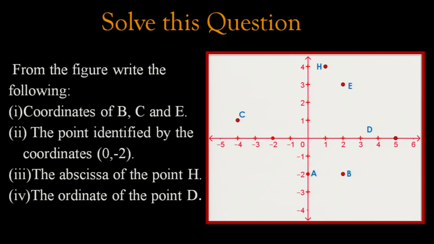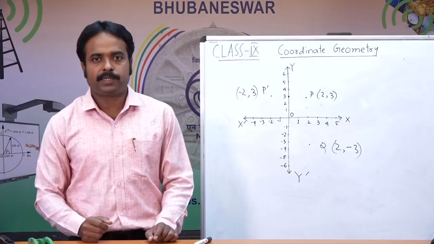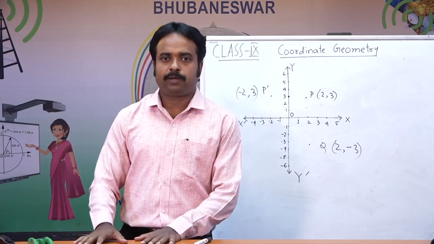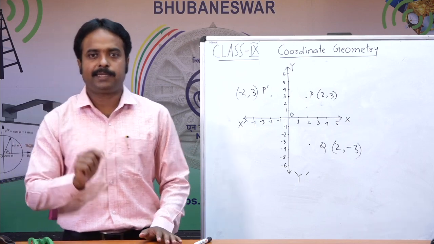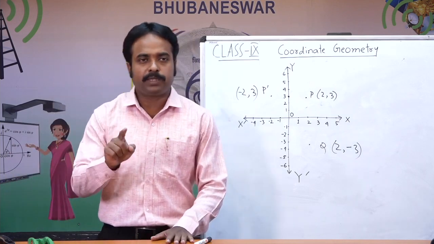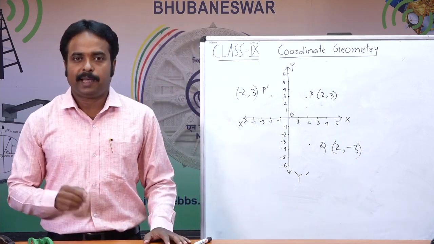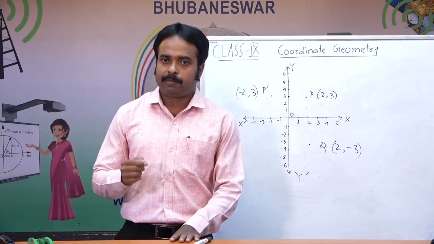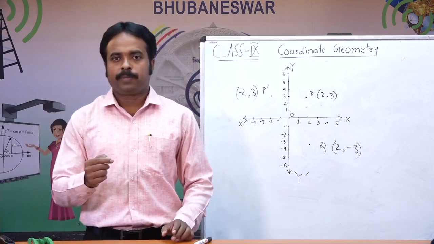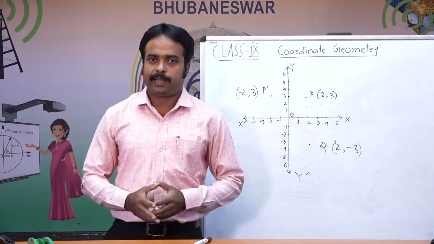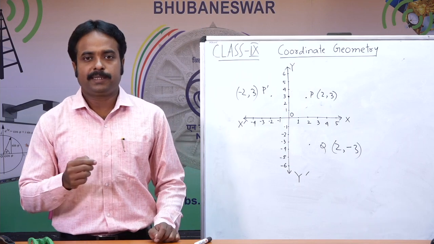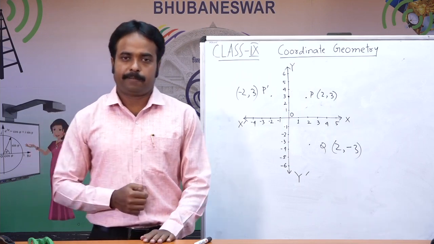Now, to find the coordinates of the point B, it is very clear from this Cartesian plane that we have to go 2 units along the x-axis, obviously in the positive direction, and simultaneously 2 units along the y-axis, and the direction of the y-axis is negative here.